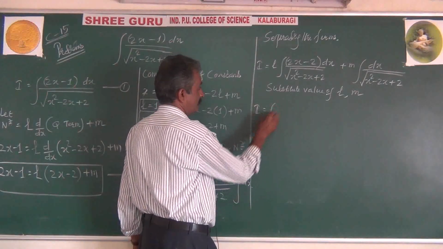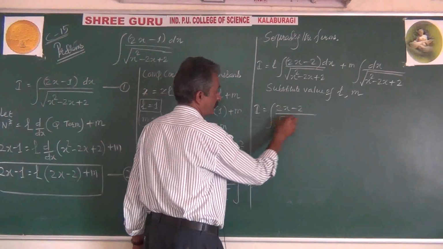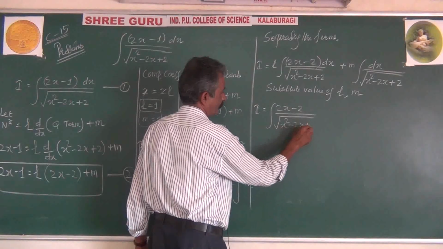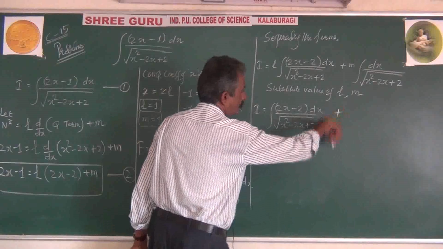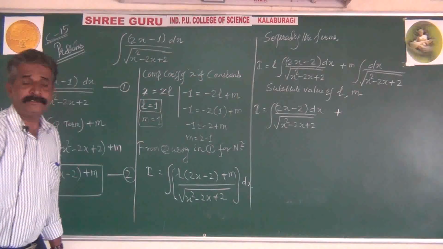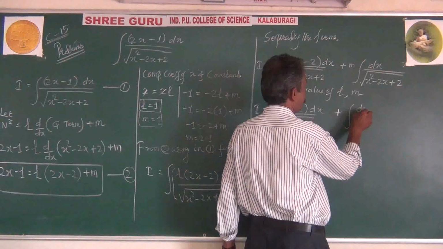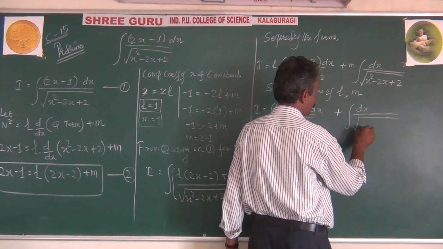I becomes integration 2x minus 2 by root of x square minus 2x plus 2, plus, next, M is 1, neglected, integration dx by root of x square minus 2x plus 2.